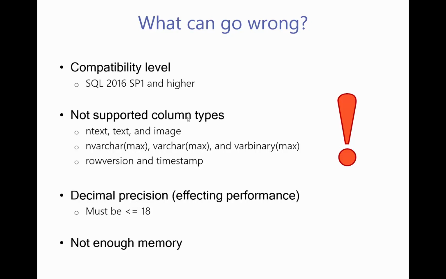One quite often used column type, especially in Microsoft Dynamics NAV, is timestamp, which is used for information on when the record has been created, and this column type is not supported. So you have to create a different column type in your analytics to enable compression. And very often there is not enough memory, so our advice is to put as much memory as possible into this BI server to enable fast processing of the queries.